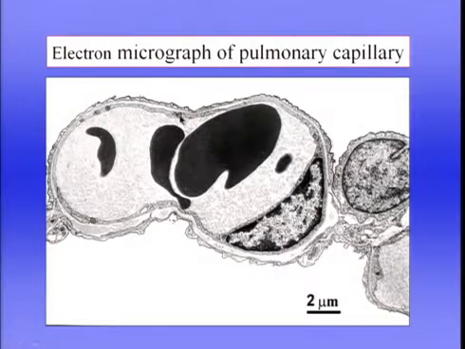Now let me go on and talk about something that initially may be rather complicated, and we'll go through it slowly. The diffusing capacity, the diffusing characteristics of the lung, do not depend only on the blood gas barrier itself. We can see that by looking at this nice electron micrograph, which we've seen many times now.